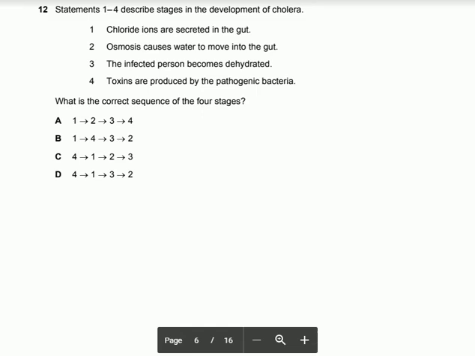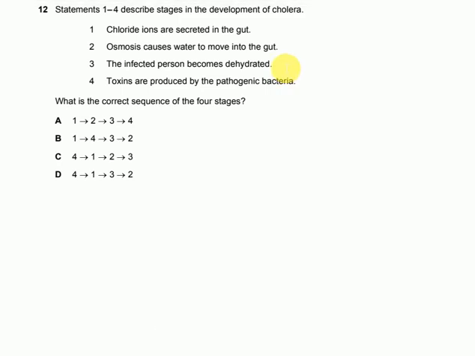So 1 after 4, infected becomes dehydrated, so then 3, 2, osmosis causes water to move into the gut.